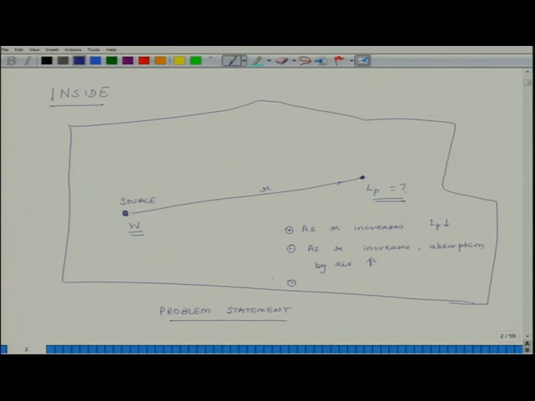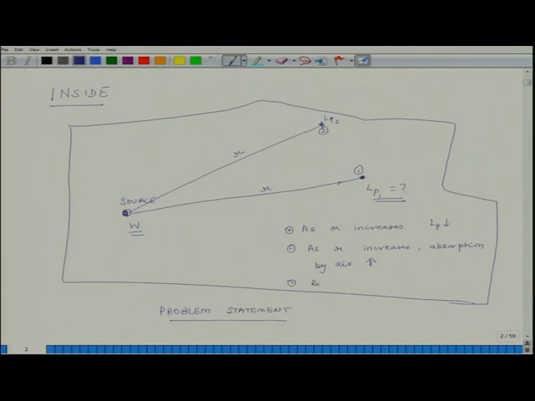Third thing is, what you would expect is that if the sound being emitted is uniform in all the directions, then the directivity has no role. But if this source is emitting more sound in this direction, and let us say this distance is also r, then you would expect LP2 at this second location, and this is the first location, if the sound being emitted in this direction is stronger, then you would expect LP2 to be higher than LP1.